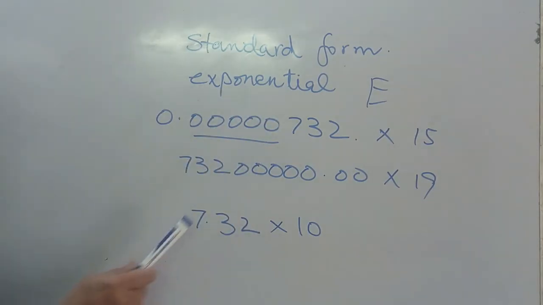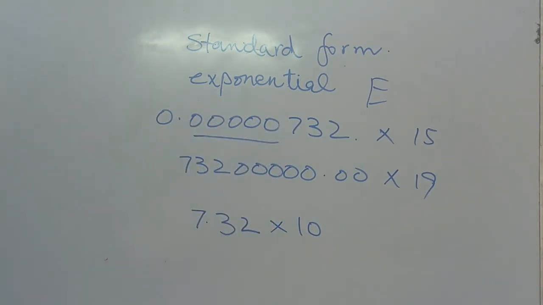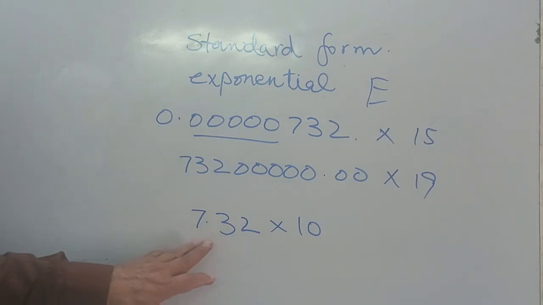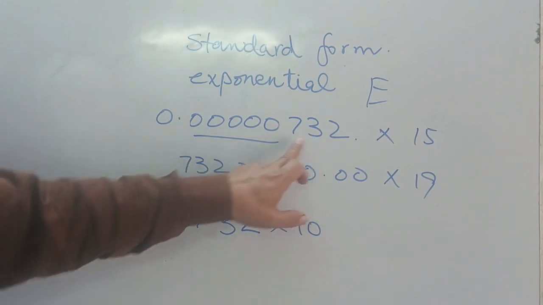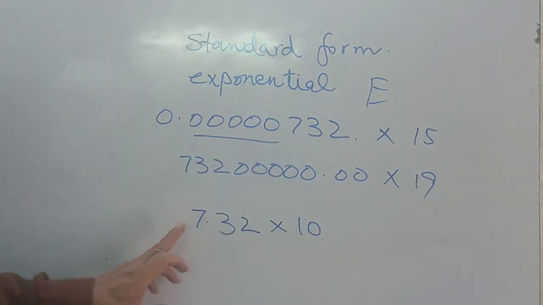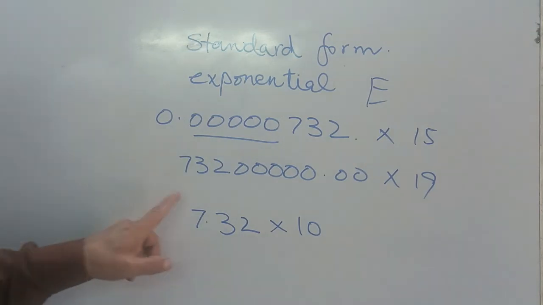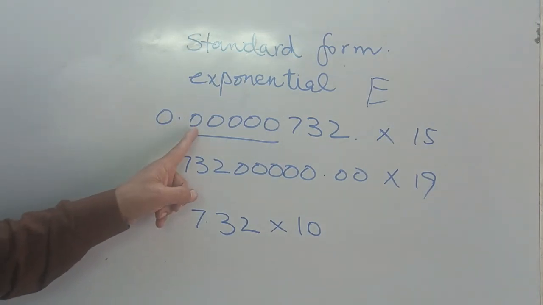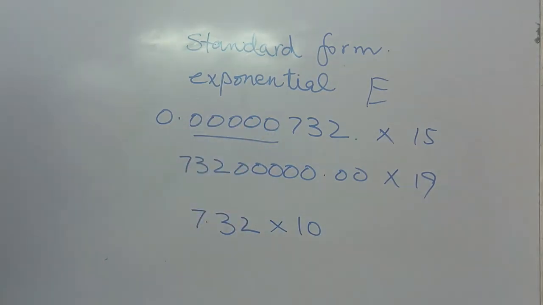So we write 7.32 and we have counted 1, 2, 3, 4, 5 and 6.